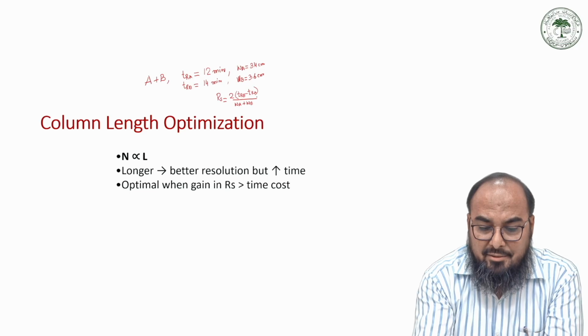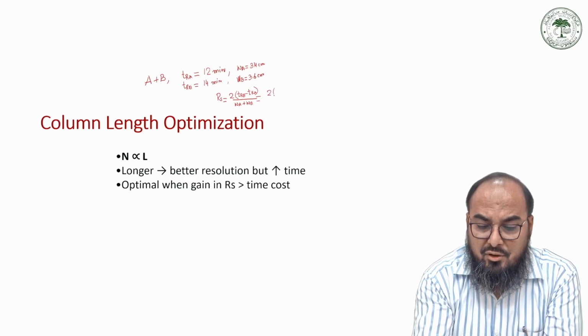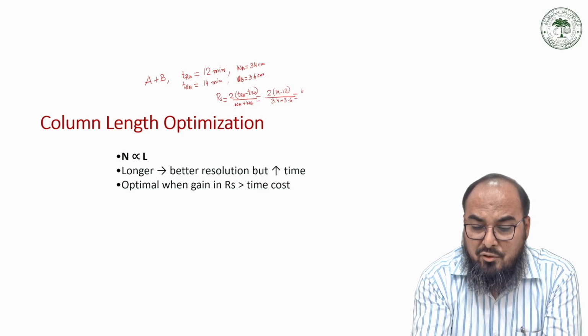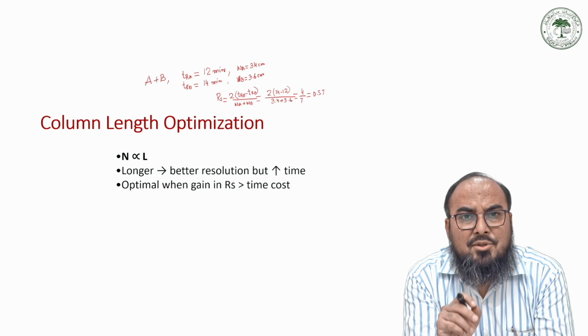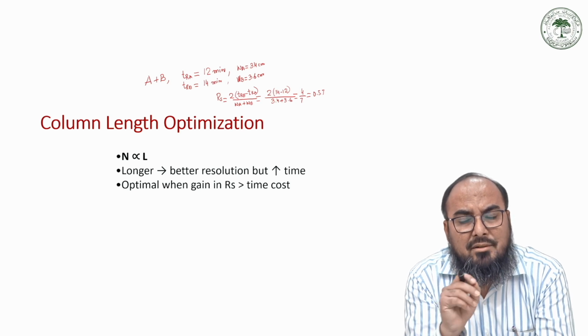So let us calculate. It is twice of 14 minus 12, upon 3.4 plus 3.6, which comes out to be 4 upon 7, that is 0.57. So your resolution comes out to be 0.57.